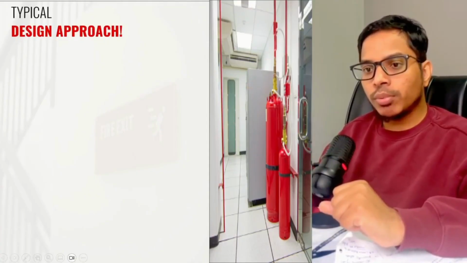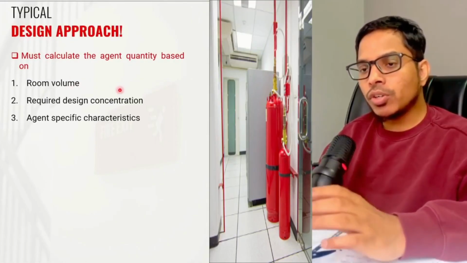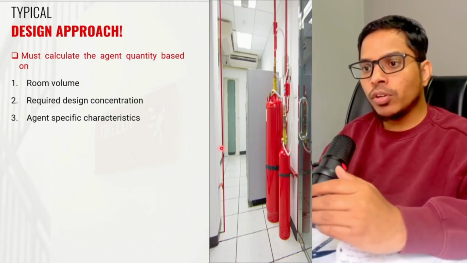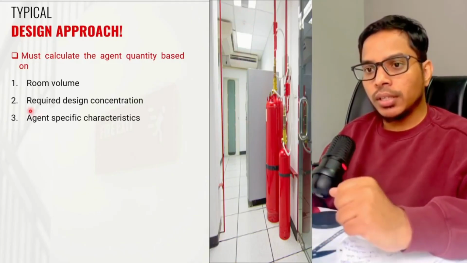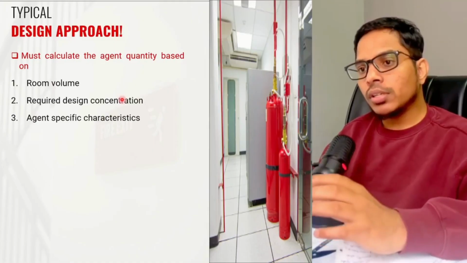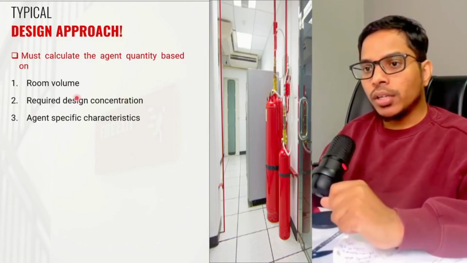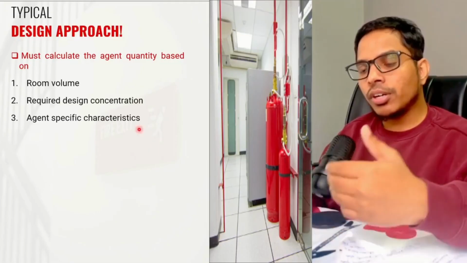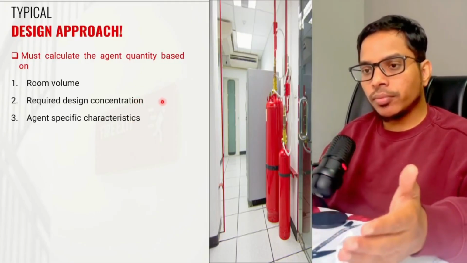If you look at this particular screen, designers must calculate the agent quantity based on the room volume, which includes, as I said, the raised floor volume, the room volume, and also the volume above the suspended ceiling. Apart from that, they need to consider the minimum design concentration with some safety factor as per NFPA 2001. The minimum design concentration for each clean agent will be different for different hazards, including class A, class B, and class C fires.